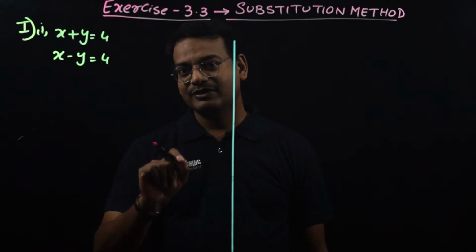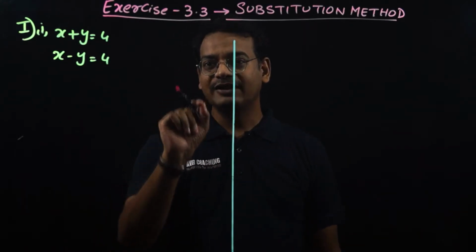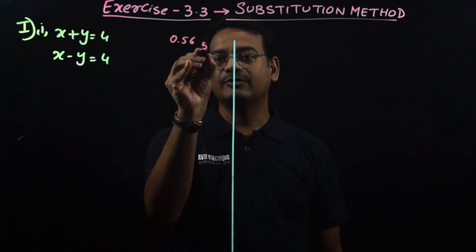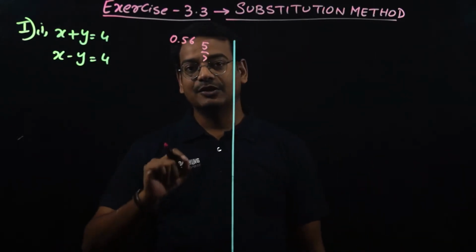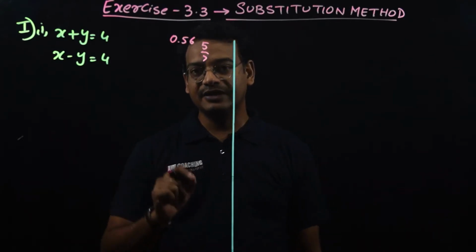When you were drawing graphs, you might have felt the pain of finding values like 0.56 or 5/7, these kinds of fractions or decimals, which become very difficult to represent on the graph paper.